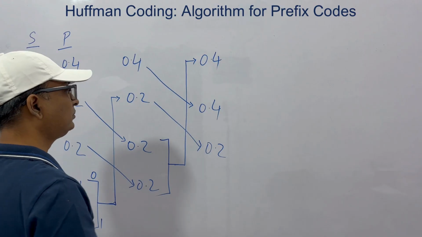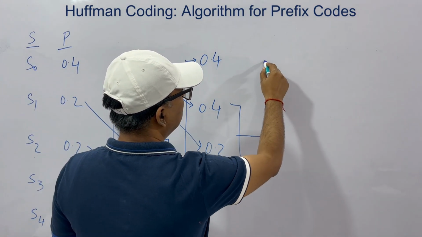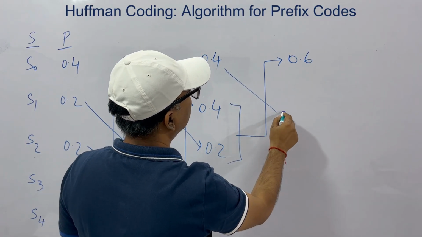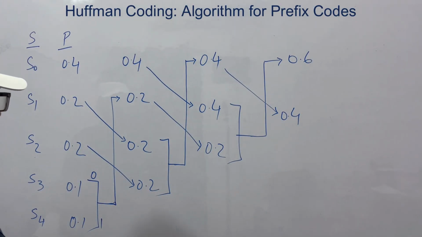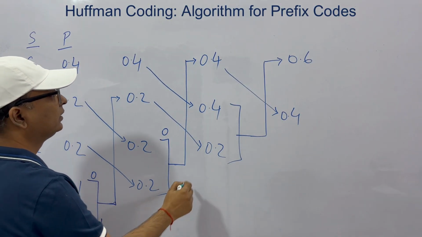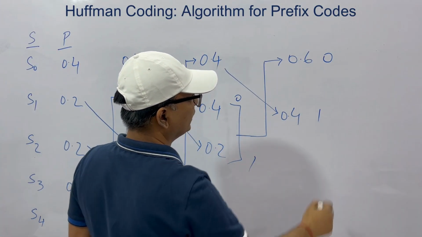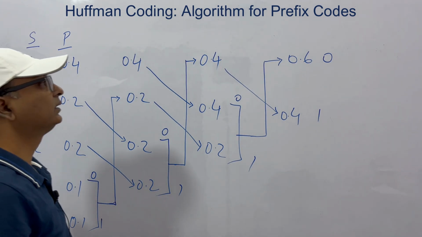Then add these two. So what do we get? We get 0.6, and this is shifted to this point 0.4. Okay, so 0 1, 0 1, 0 1, and then assign this as 0 1. Okay, this is clear.